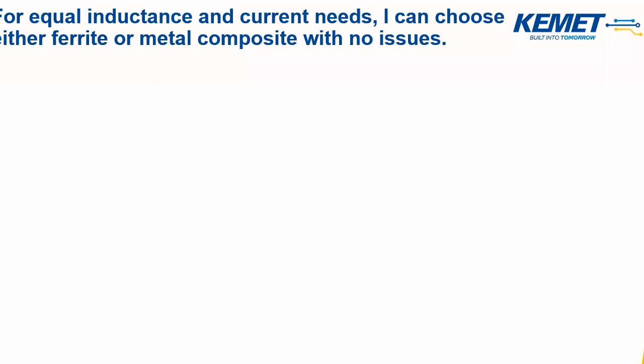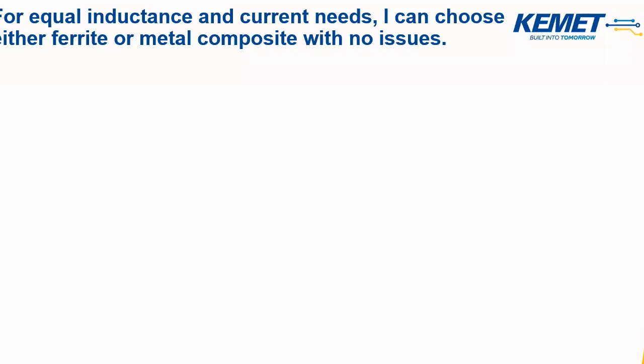So then, again, with this idea of comparing across different vendors or even different technologies, there's this possible idea out there in the industry that when you're comparing across different inductor technologies, for equal inductance and current needs, right?